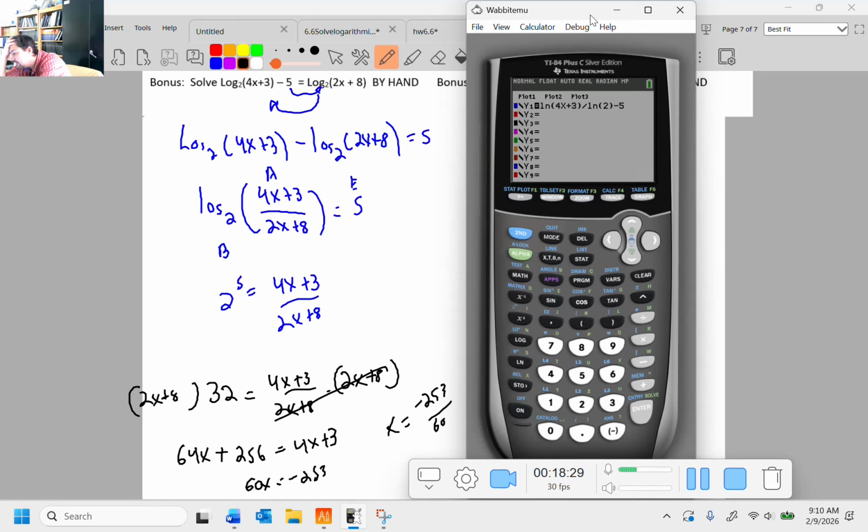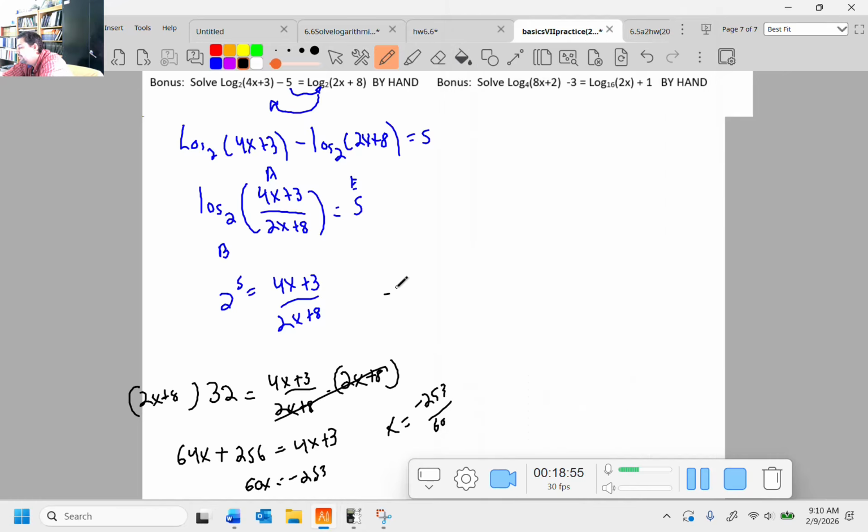The right-hand side would be the natural log of 2x plus 8, sitting over the natural log of 2. Zoom 6. So there's the left-hand side, here comes the right-hand side, and they don't cross paths. There's no solution. So there is an answer, but it's extraneous. And you would be expected to figure out the extraneous answer, because it does have one.